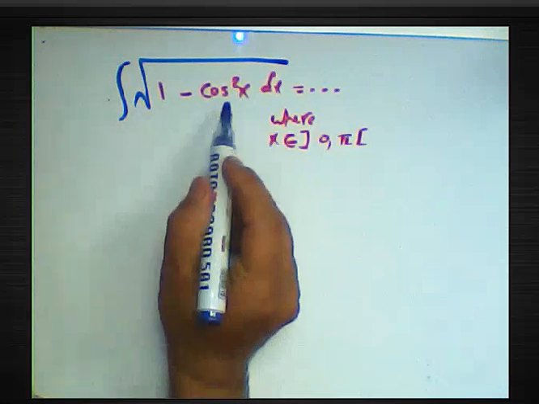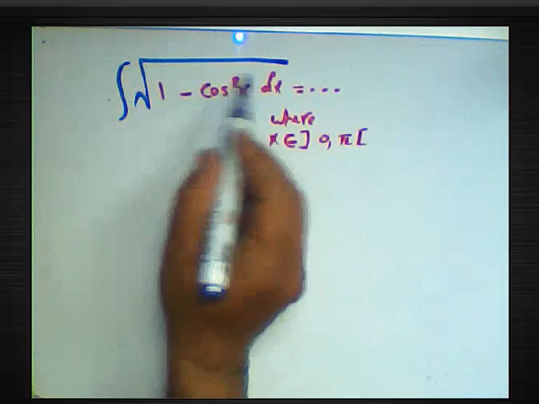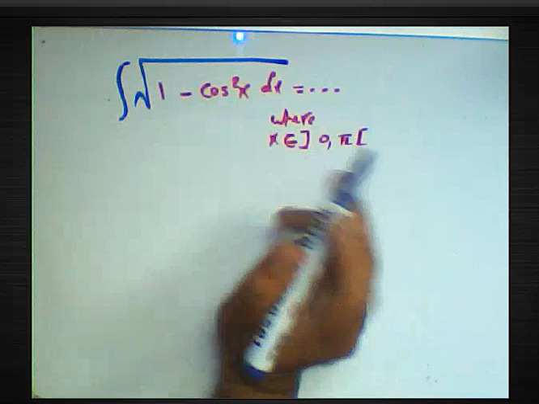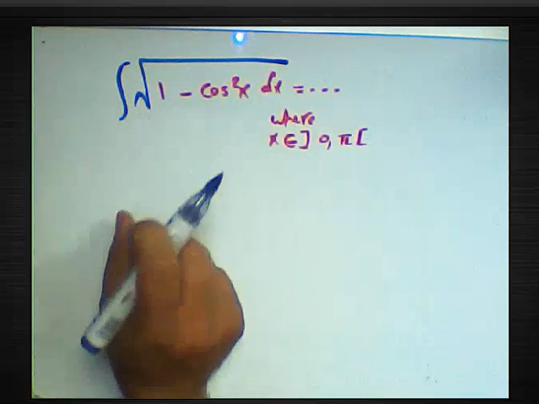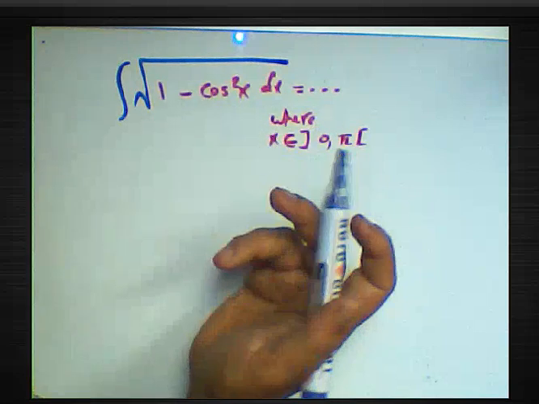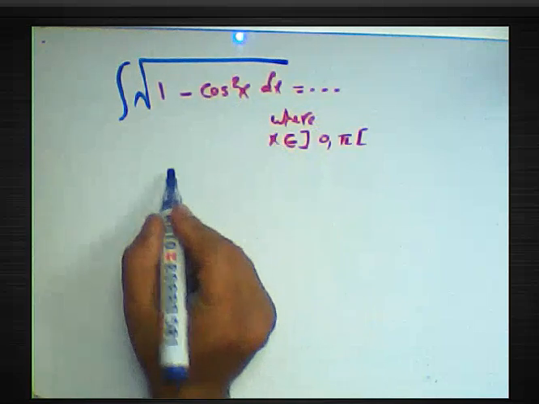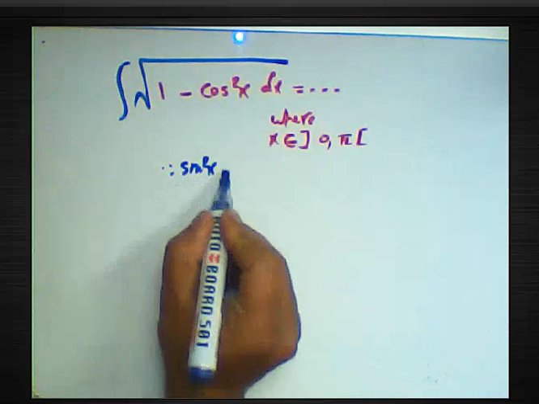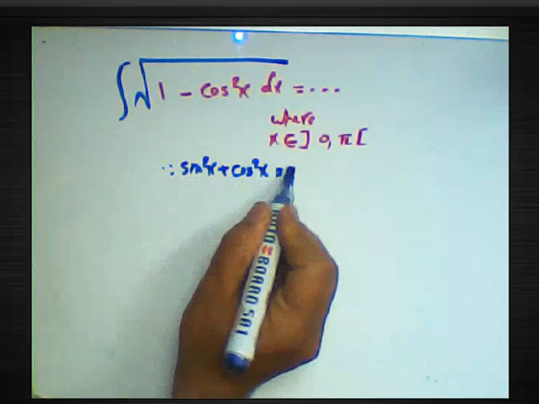Look at this example: the integral of the square root of 1 subtract cosine power 2x, dx. We can find the integration of this function. 1 subtract cosine power 2x means sine power 2x, because sine power 2x plus cosine power 2x equals 1.